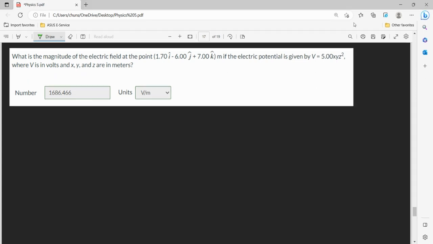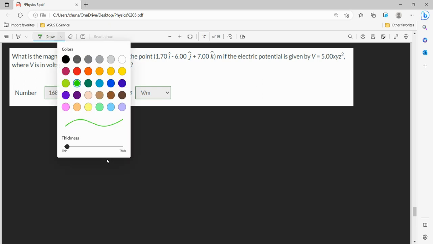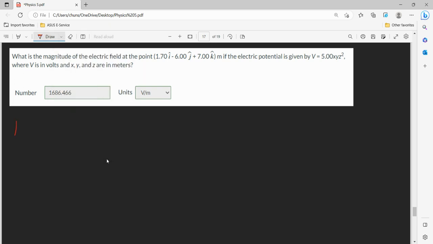So now dealing with some Cartesian form problems, we're asked what the magnitude of the electric field is at a certain point given in Cartesian elements and given an electric potential. So to find the electric field, we know that this is negative dV over dt.